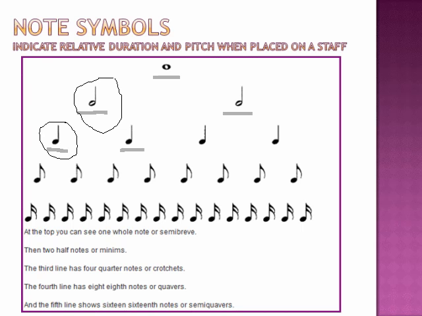If I take the quarter note and I divide it into 2 equal sounds, I come up with 2 eighth notes. And an eighth note ends up being a half of a beat, because if a quarter note equals 1 beat, then an eighth note is 1/2 of 1 beat.